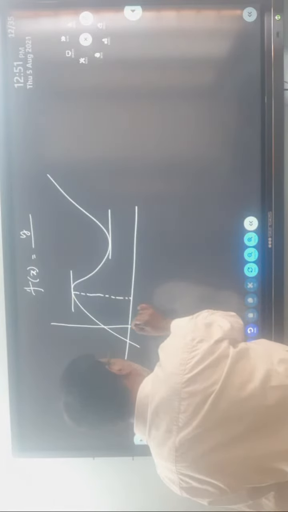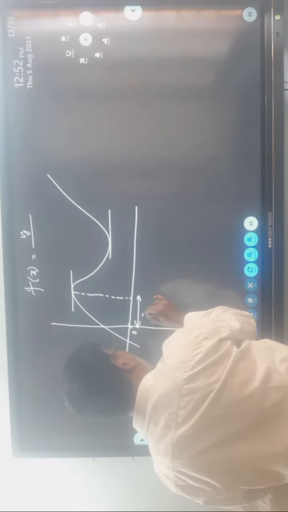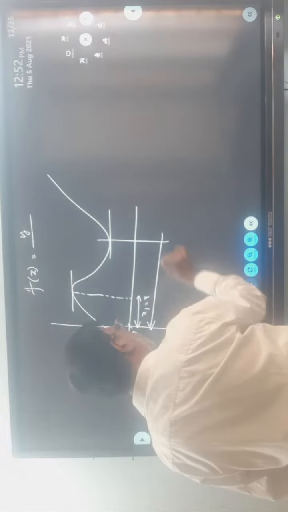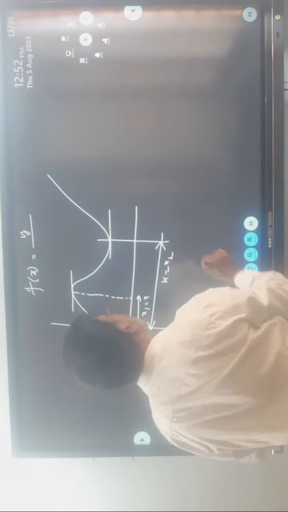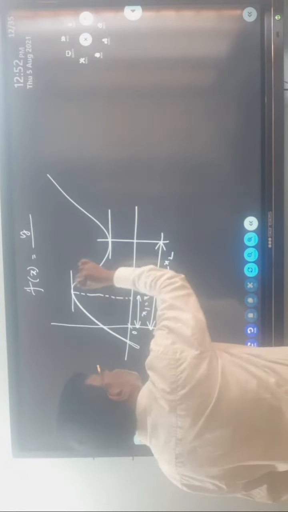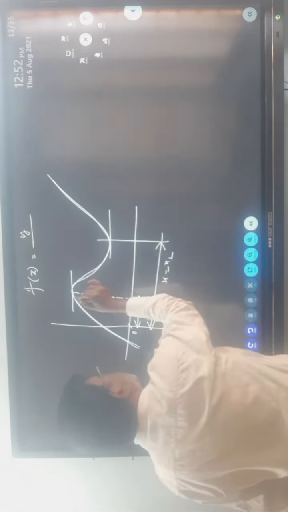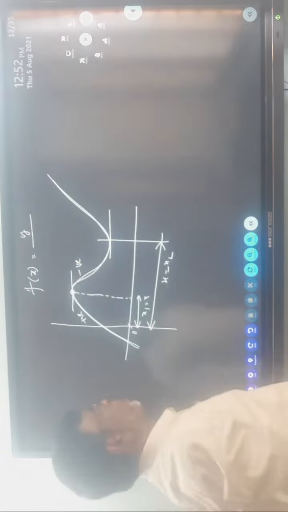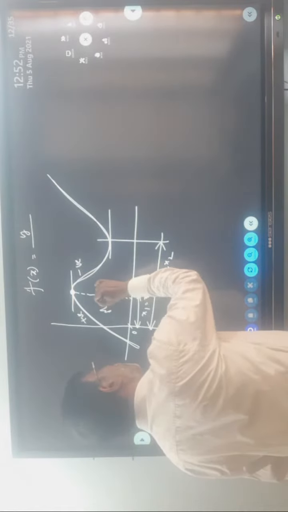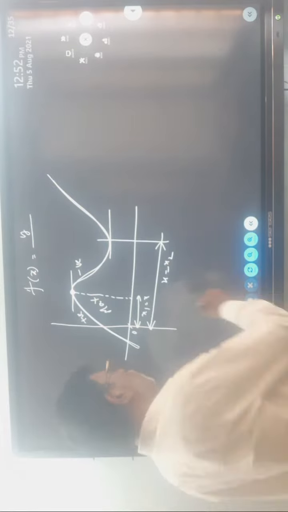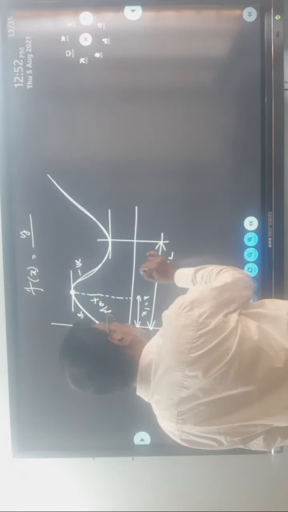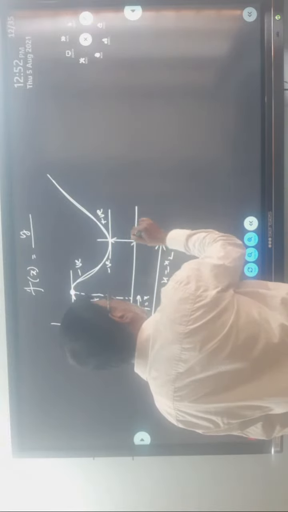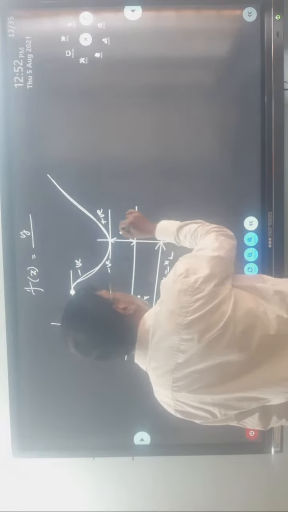Taking the origin, at x = x1 the slope changes from positive to negative, so it has the maximum value, remember that. At x = x2 the slope changes from negative to positive, so it has the minimum value.